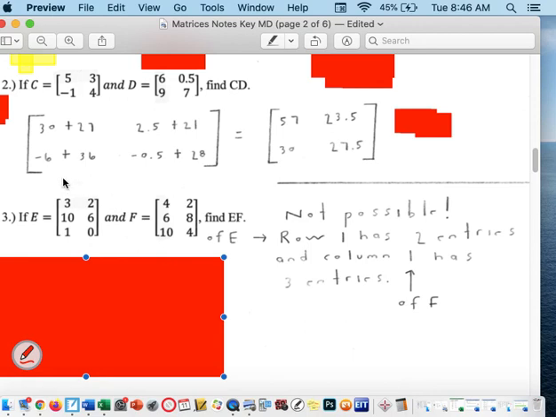So the number of entries in the row, the number of numbers in the row. So if you want to think of it as columns and rows, the number of columns of the first has to equal the number of rows of the second. Columns of the first has to be the same as rows of the second.